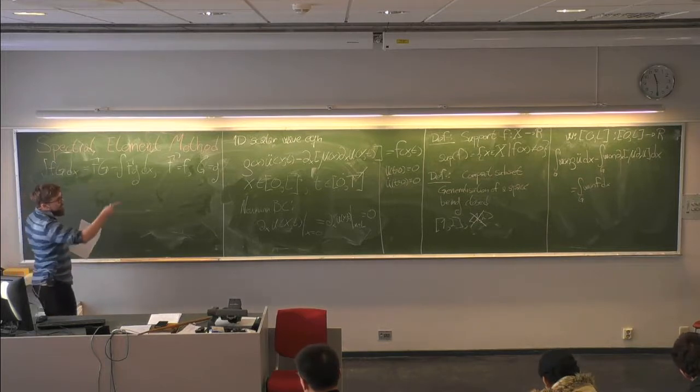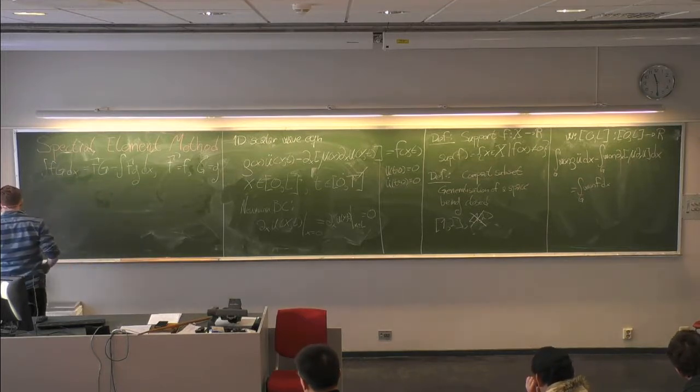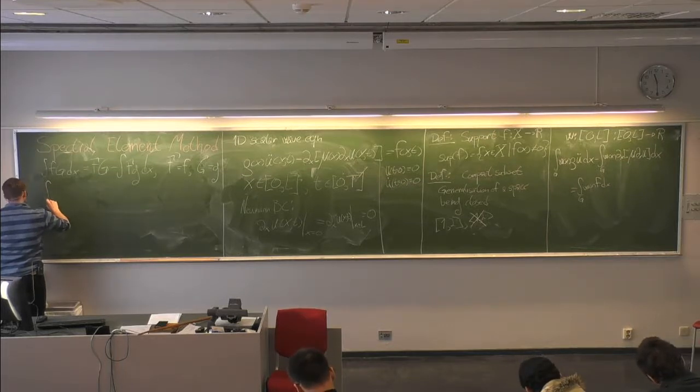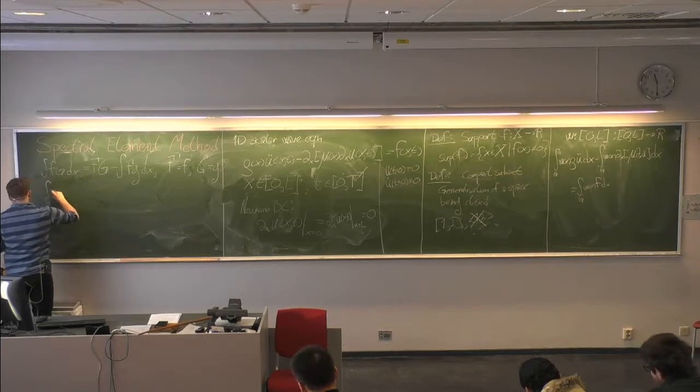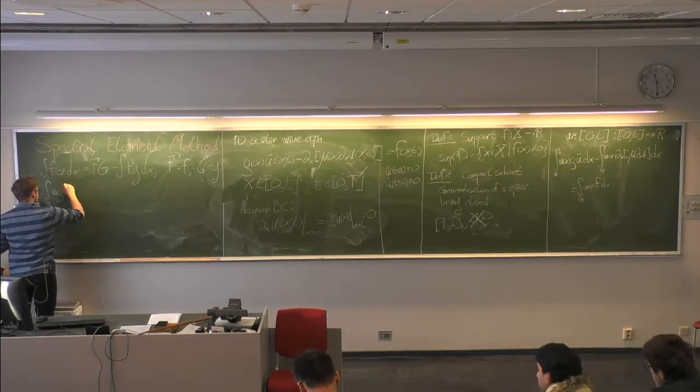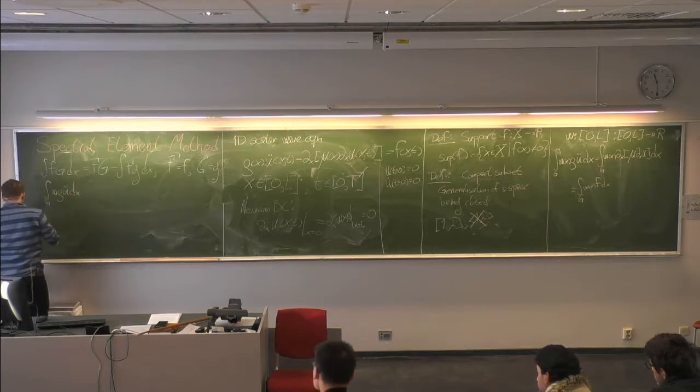Okay, so what happens if you apply this to the weak formulation? We should get the integral of W rho u double dot dx.